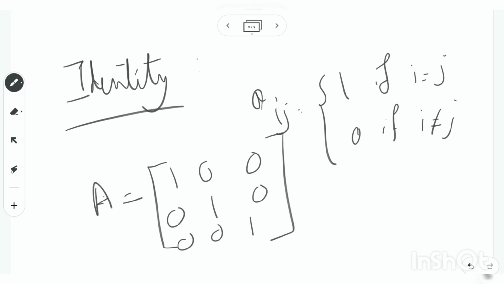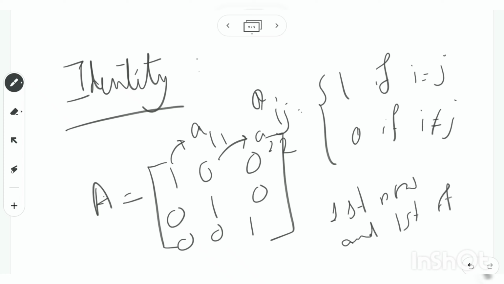Why? Because see, this is A11, this is A22, that is first row and first column of capital A matrix, right? So this is 1, and it is represented as small a11.